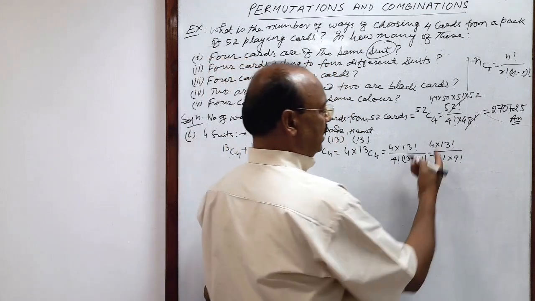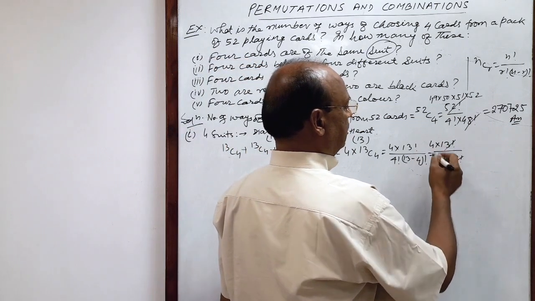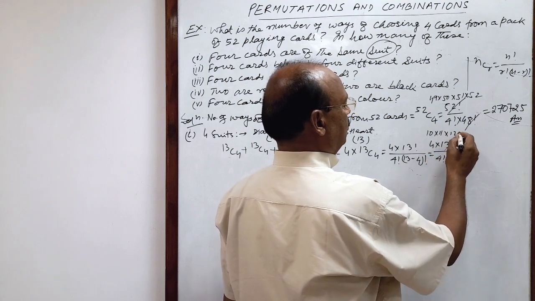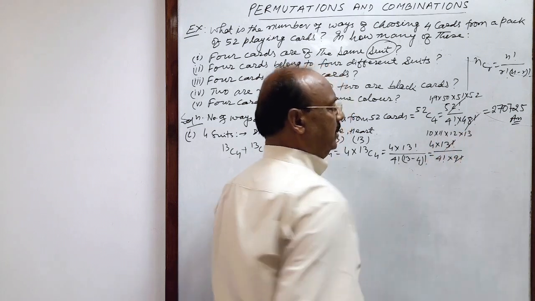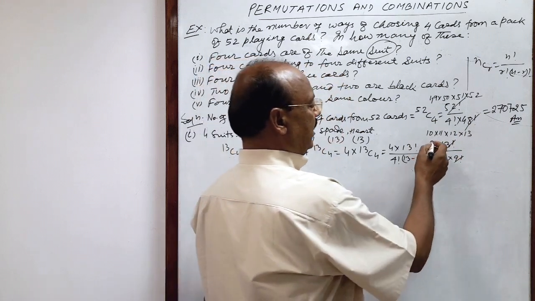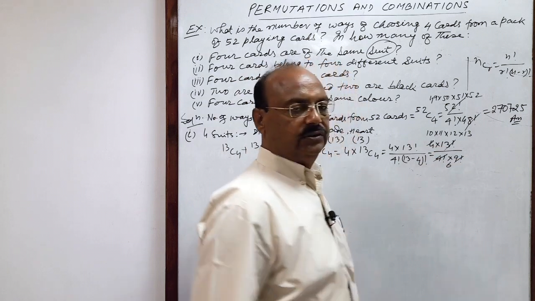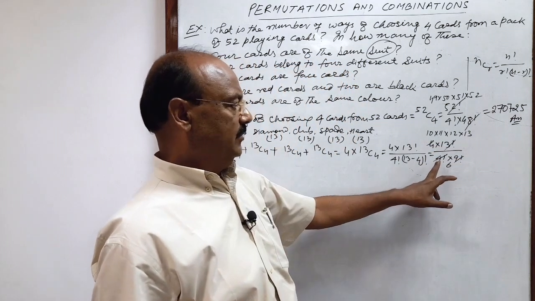This 9 factorial will be cancelled out with this 13 factorial, and this will be 10 into 11 into 12 into 13. This 4 will be cancelled out with this 4 factorial, and this will be 2 into 3, that is after cancellation.